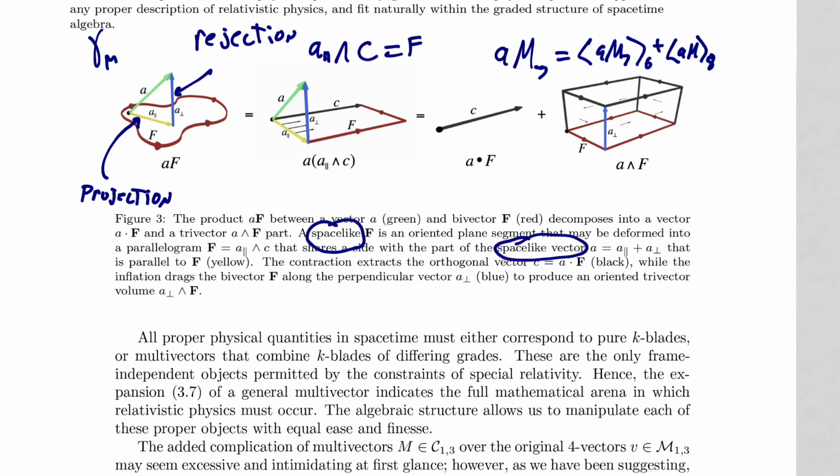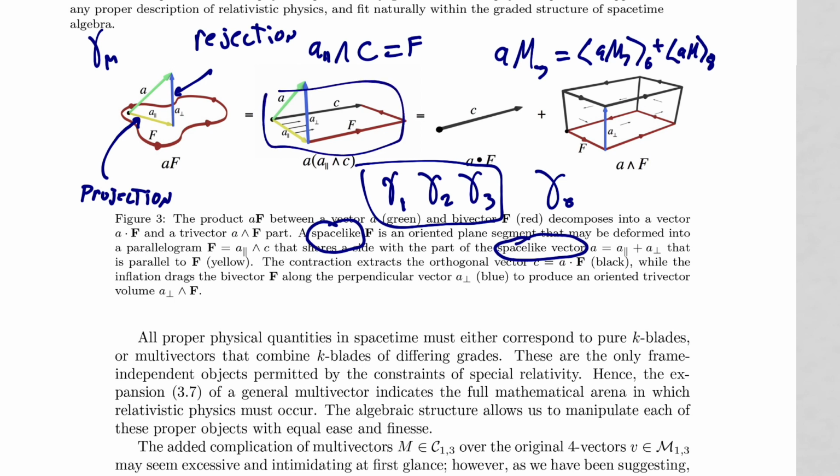I'm not quite sure why they do that, except there's nothing about this analysis that demands that anything here, either the bivector or the vector itself, be entirely composed of gamma 1, gamma 2, gamma 3, and have no component in the time-like direction, right? Space-like usually implies that we're dealing with just the space-like basis vectors. Now, I think the reason they're saying space-like is because they want to draw it in space. So they're saying, okay, we're just going to look at the space part so we can draw it, because they don't know how to draw something in time.